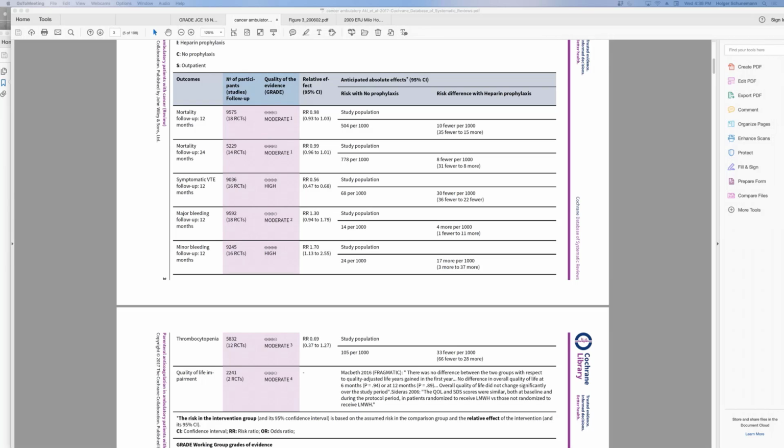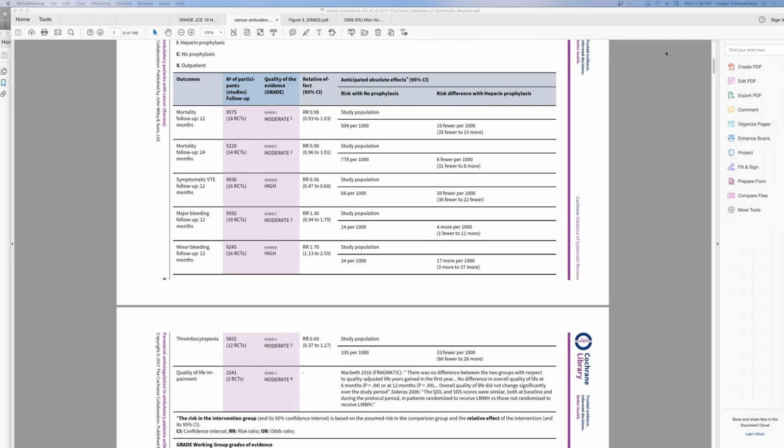Within the GRADE framework, recommendations are strong and conditional. Conditional and weak are synonyms. When the evidence is low quality, it's very likely that it's going to be a weak recommendation. You have a strong recommendation when you're clear that benefits outweigh downsides or vice versa. And when there's only low quality evidence and you're unsure of the benefits and downsides, it's unlikely that you can make a strong recommendation.